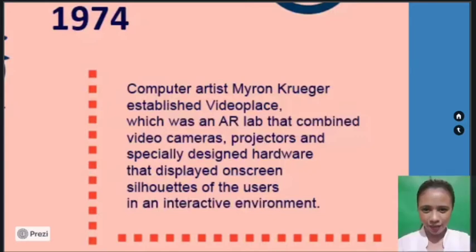In 1974, Myron Krueger, a computer researcher and artist, built a laboratory at the University of Connecticut called Video Place that was entirely dedicated to artificial reality. Within these walls, projections and camera technology were used to emit on-screen silhouettes which surrounded users for an interactive environment.